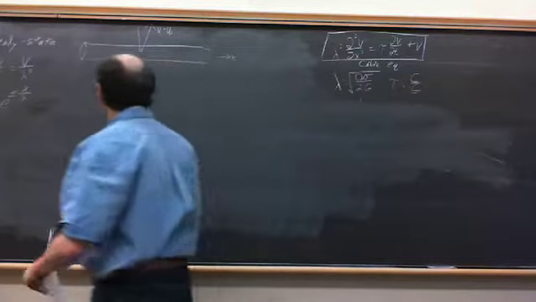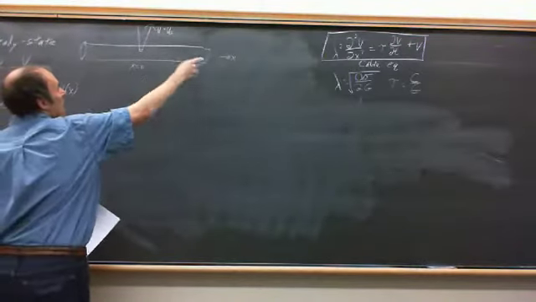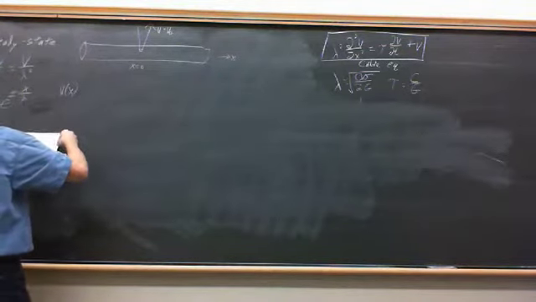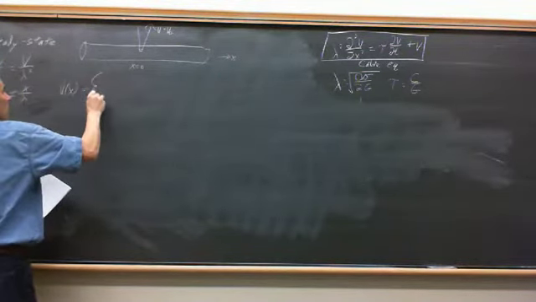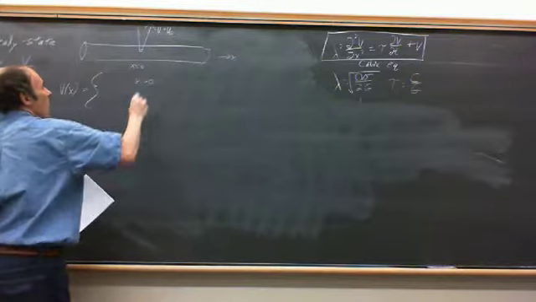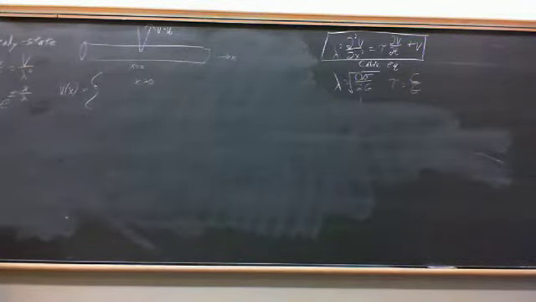Okay, well, we have to get V of x. And there's really two cases. x is positive and x is negative. So I'll write it as two cases. One for x greater than 0. Well, we get some linear combination of these two solutions. But if the voltage is growing with x, that would be nonsense, because it would be going off to infinity at the end of the axon.